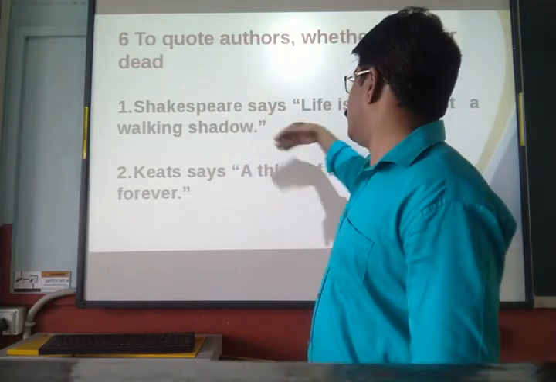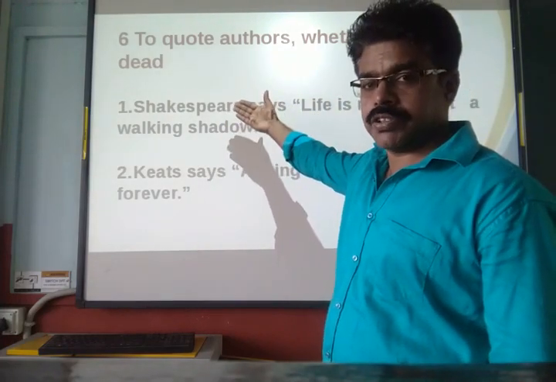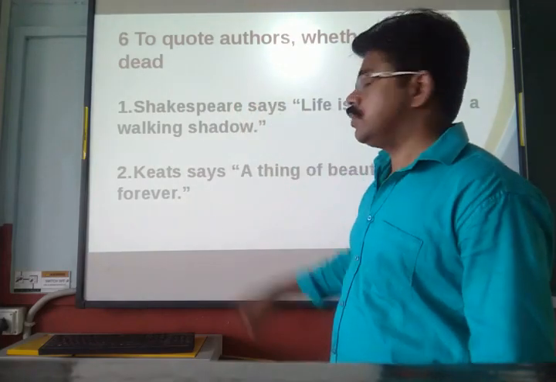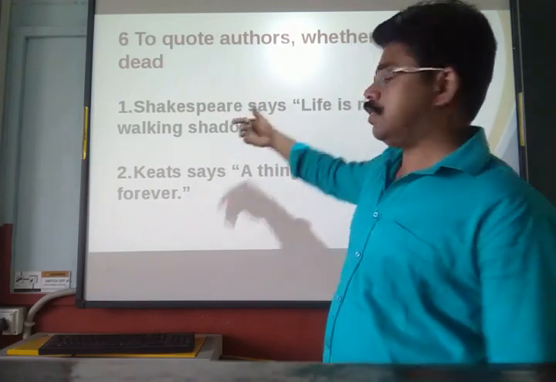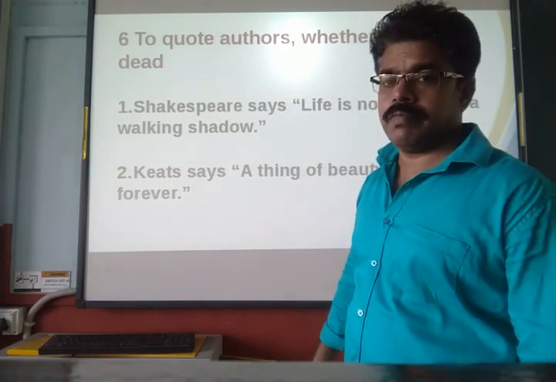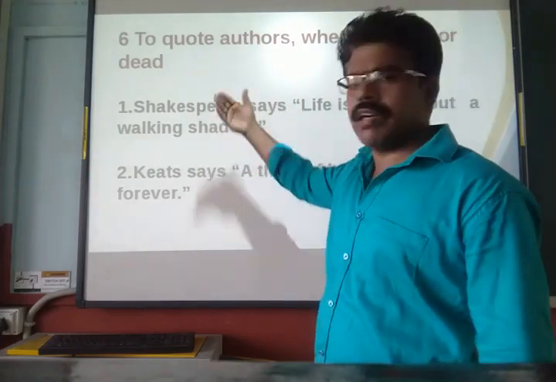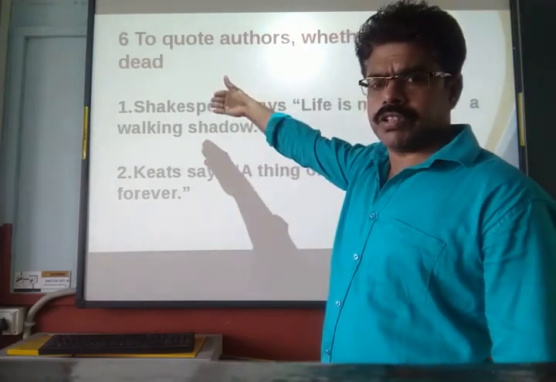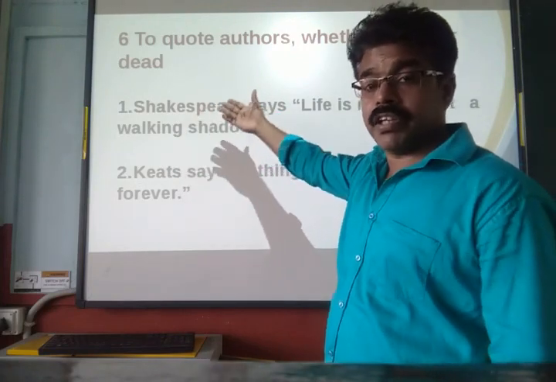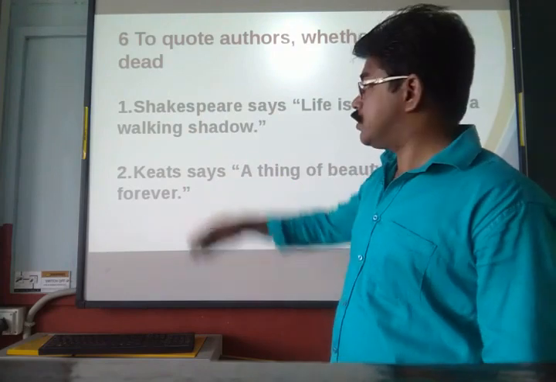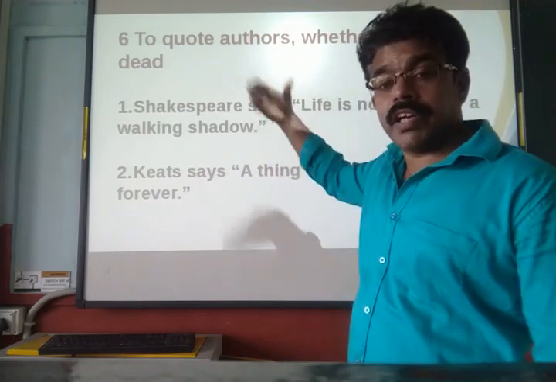Shakespeare says, life is nothing. We don't even use Shakespeare said. We use it this way, taking his quotes. He says, life is nothing but a walking shadow. Shakespeare again, if we take another example from another drama, He says, cowards die many times before their death.